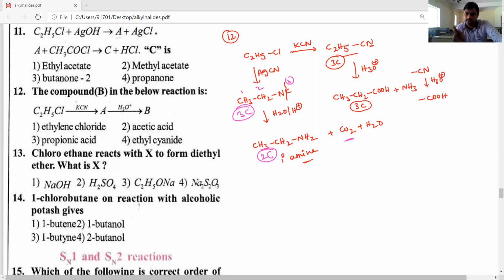So these two different types of reactions I explained. But in the 12th question, they asked this conversion only. Okay, what is the product? The product is CH3CH2COOH, propionic acid. Common name is propionic acid.